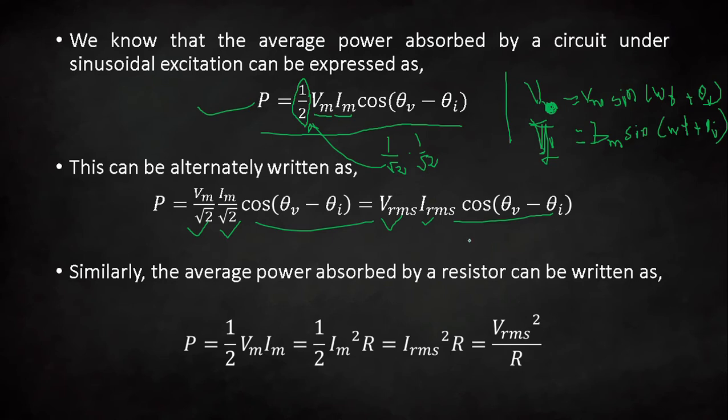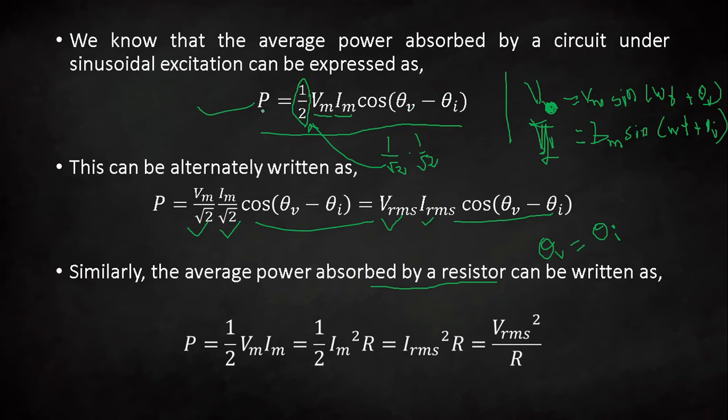Similarly, the average power absorbed by a resistor can also be written as P is equal to 1 by 2 Vm into Im. Whenever the load is resistive, your voltage and current will be in phase with each other. That is why the value of theta V and theta I will be equal, and if you put theta V equal to theta I in this equation, the angle will be 0 and cos of 0 will be 1.